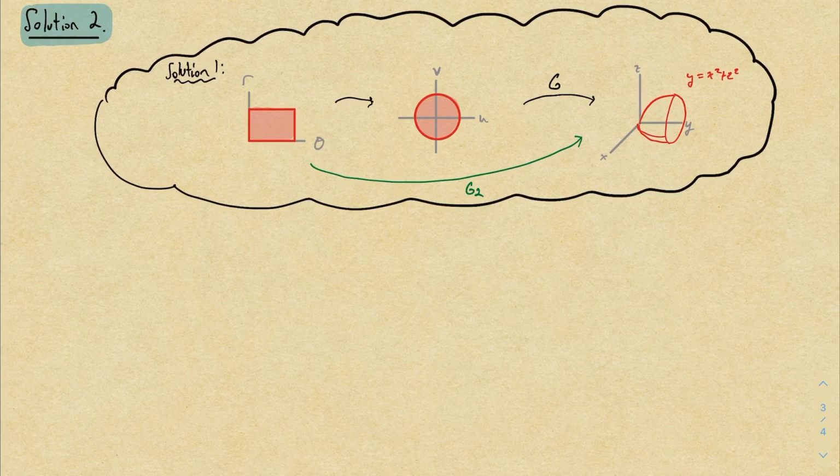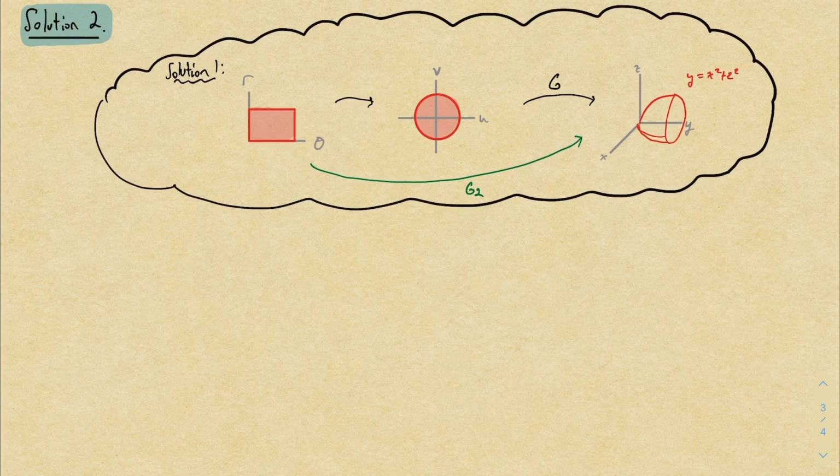This is what my second solution is going to be. I'm going to write down a completely different parameterization, which is in some sense the composition of the two steps from above. This should seem like a good idea anyway, just because when you look at the equation, y equals x squared plus z squared, that x squared plus z squared feels like a polar coordinate type expression.